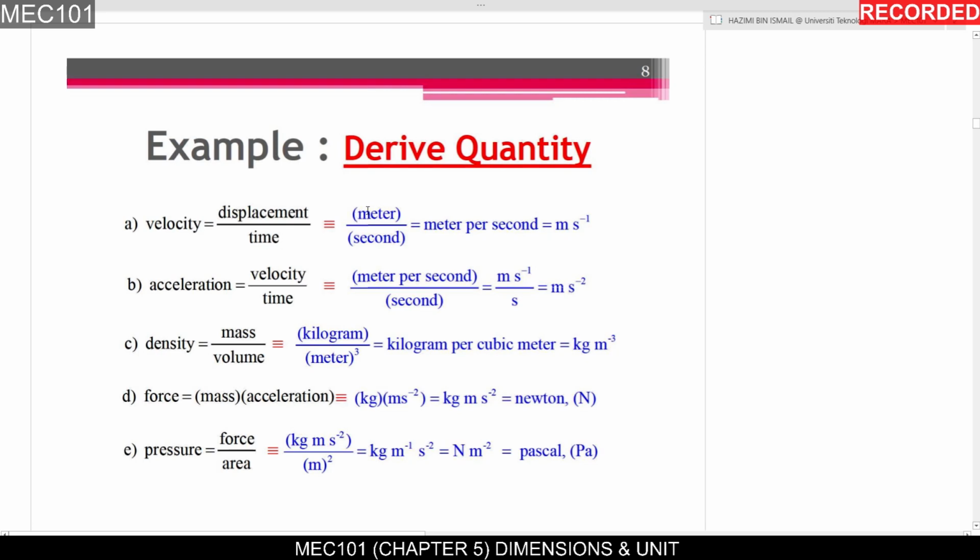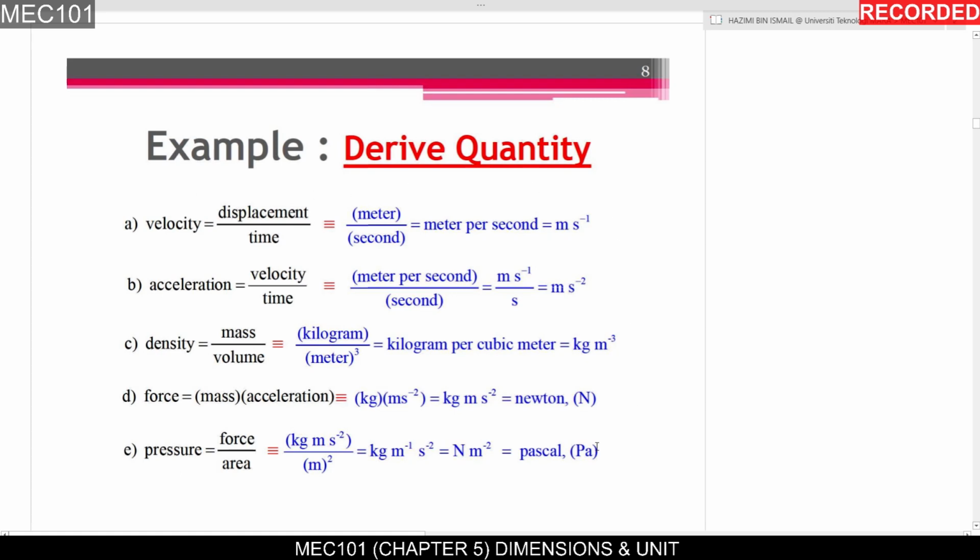So we will have meter per second. You can write down the unit like this: meter second to the power of -1. That's it.